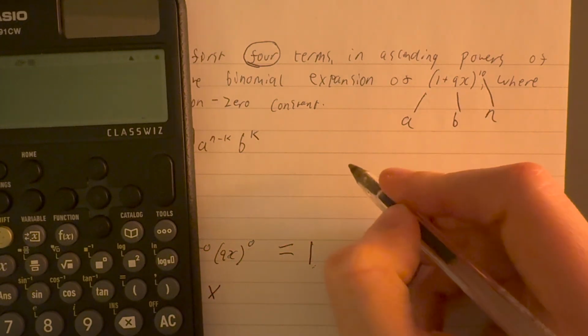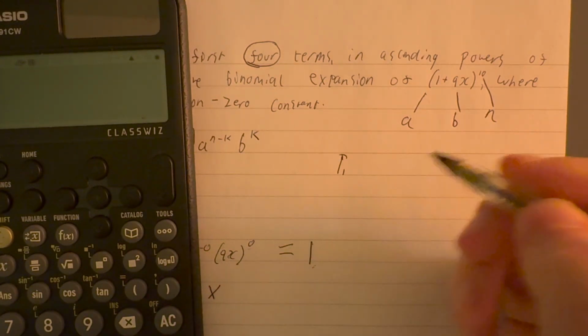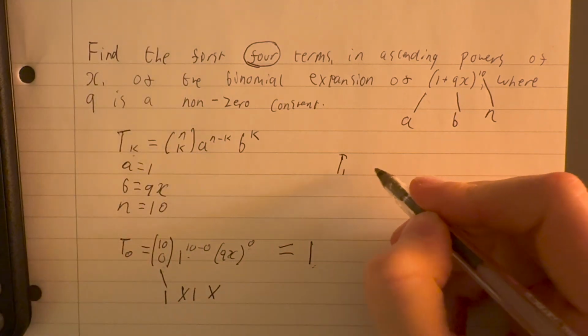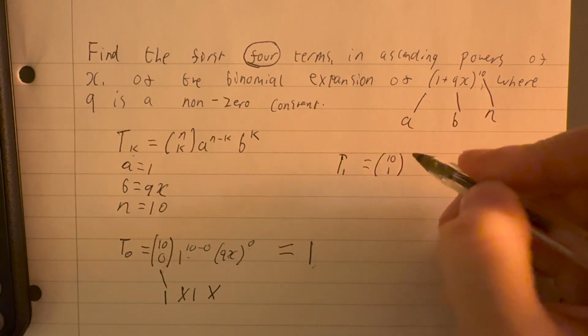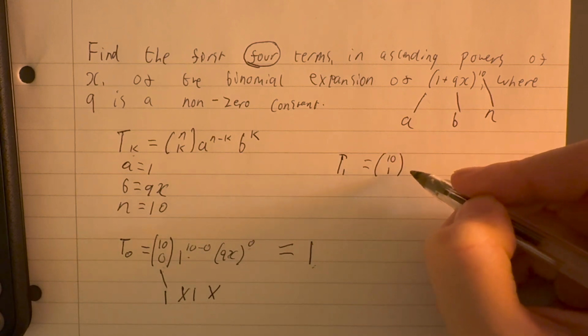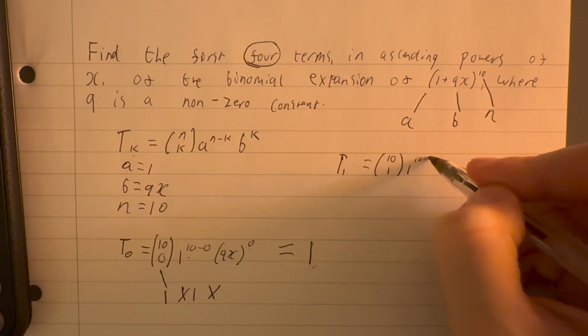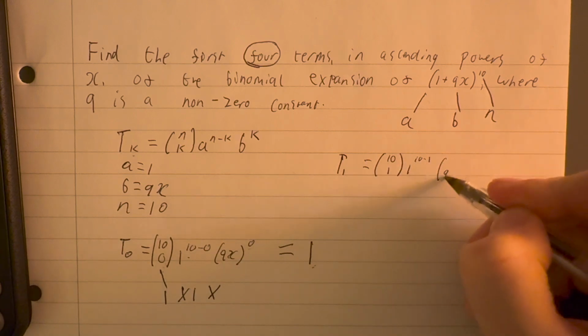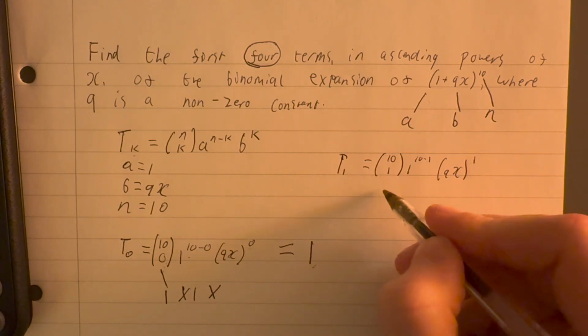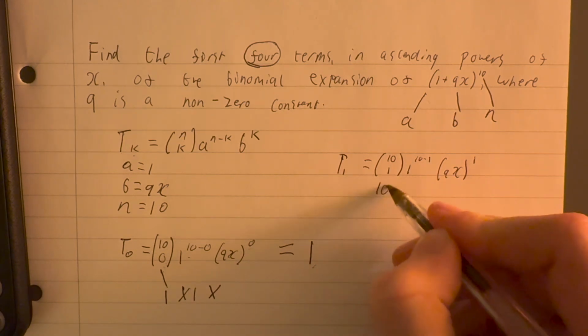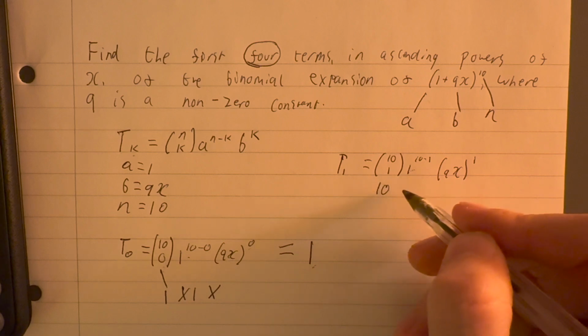Then we go up to the second term, so we're going to do t1, because we always start from 0, equals 10 over 1, or 10c1, 1, 10 minus 1, qx to the 1. So let's do this, 10c1, I can tell you that's going to be 10. 10 times 1 to the power of 9 is 10.